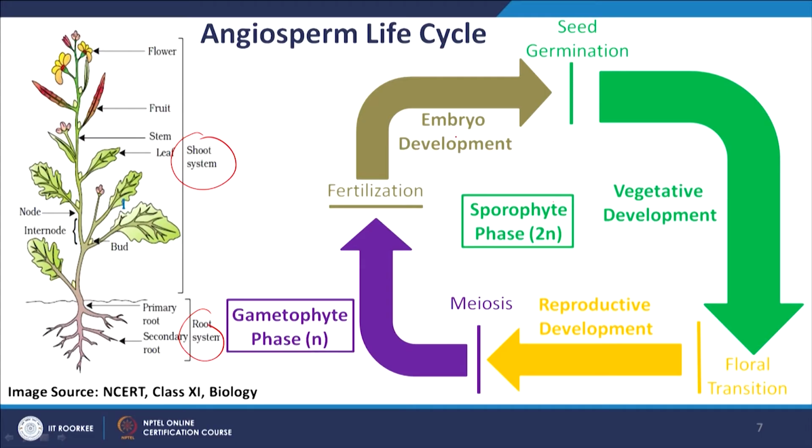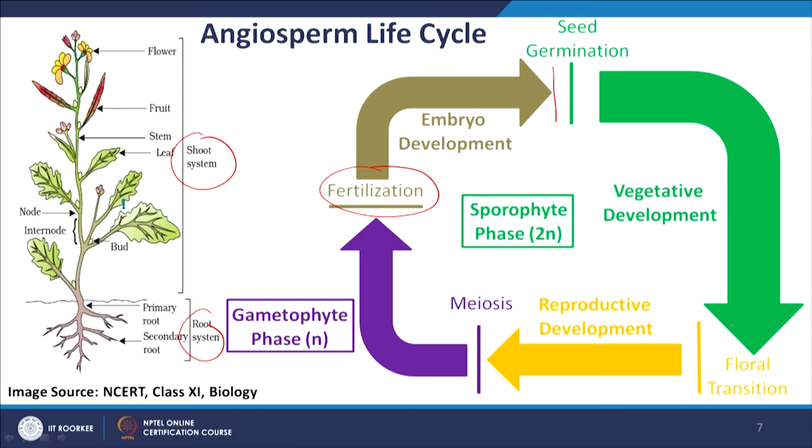Embryo development starts after fertilization and terminates with seed dormancy. The vegetative phase starts when seeds germinate, and during this phase all the vegetative organs are formed.